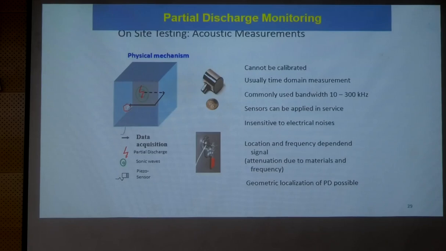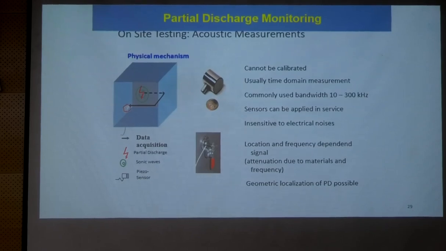If you use the time of arrival based on the different sensors, then for a particular sensor, if the defect is very near, it will give a very high magnitude compared to others.